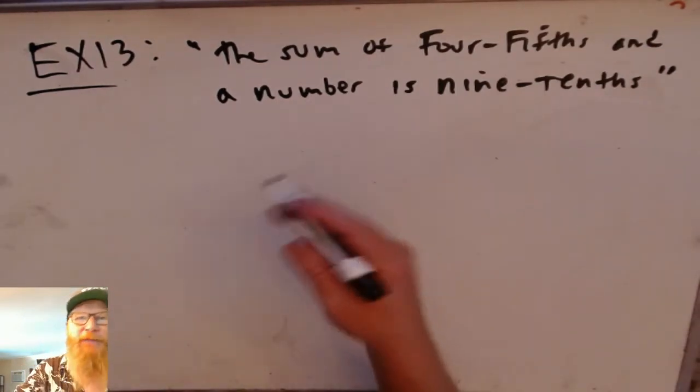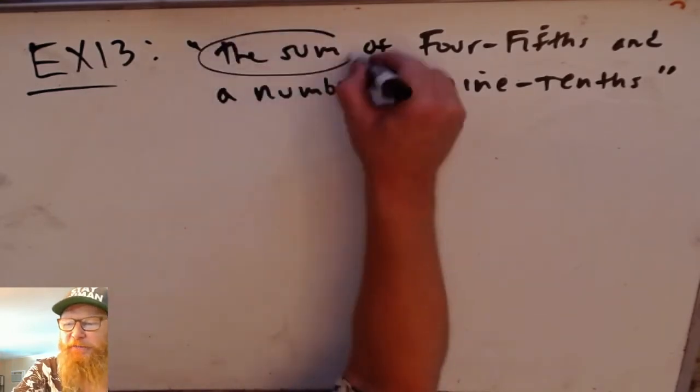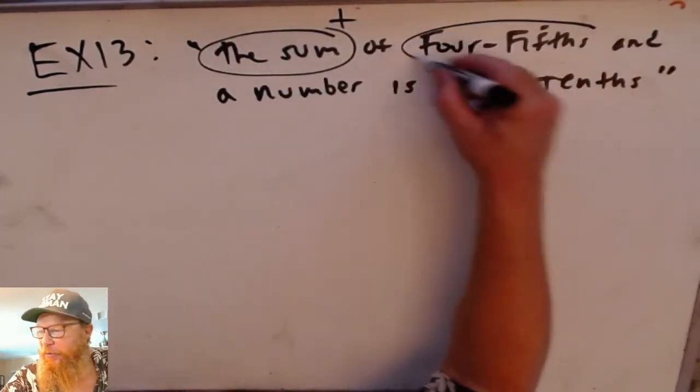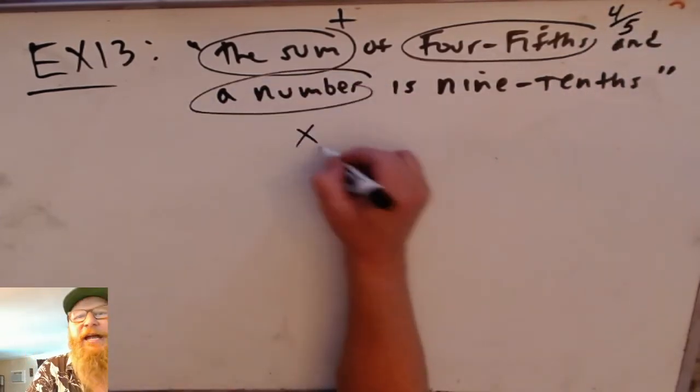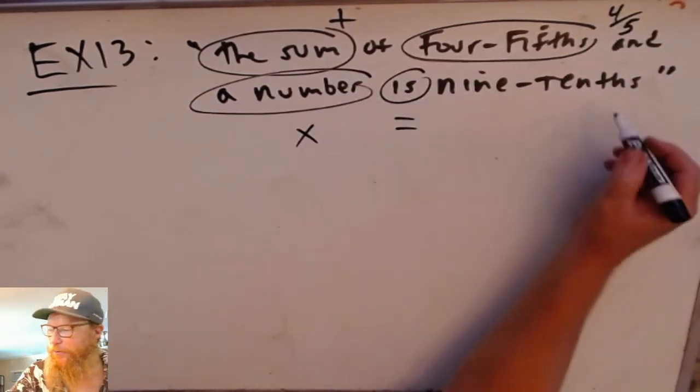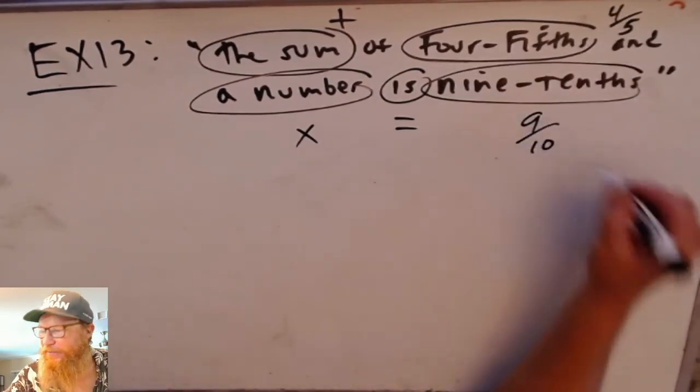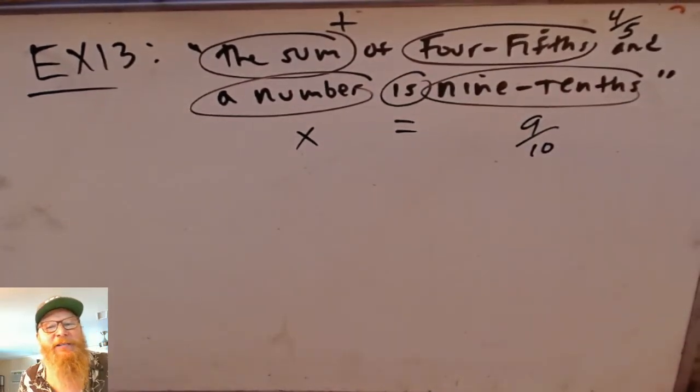All right. This one's relatively straightforward. Sum means addition. 4/5 means 4/5. A number means x. Is means equals. And 9/10 means 9/10. So, this is where I get the phrase, not every problem has to be a problem. Some problems, especially in my class, are just gifts.